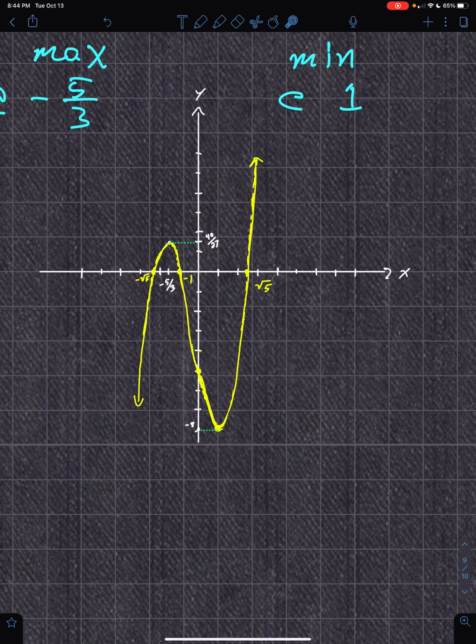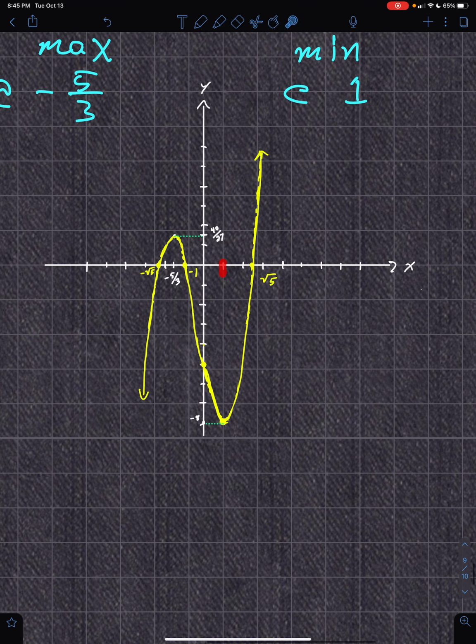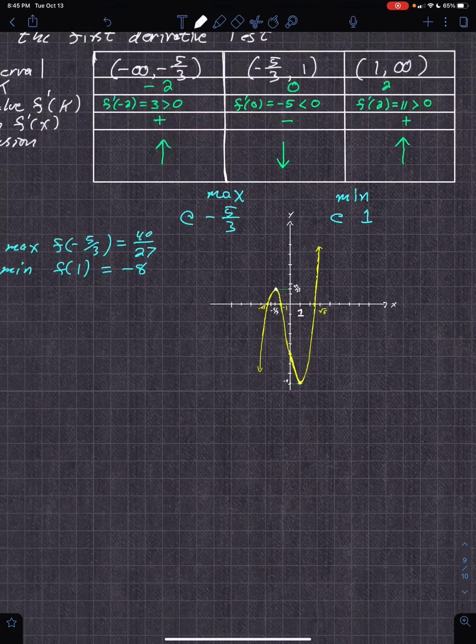So again, label negative 5/3. Your roots are negative root 5, negative 1, and root 5. And then here's 1, a minimum at 1, so let me label that. And that's what your graph looks like. So these are your local min and max.